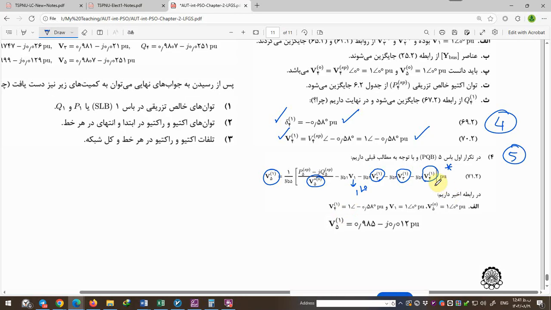The v4 update is 1 with delta 4 in first iteration. That is update 1. Okay, it is here.